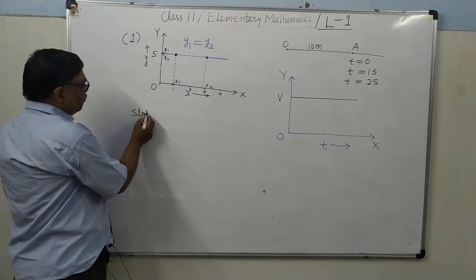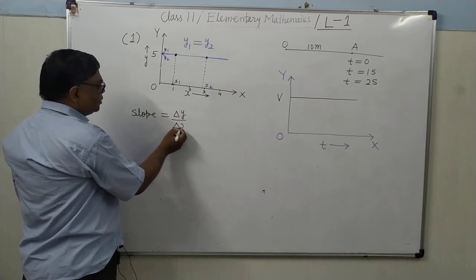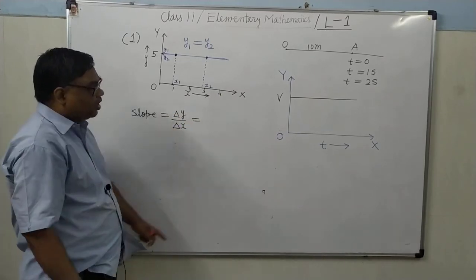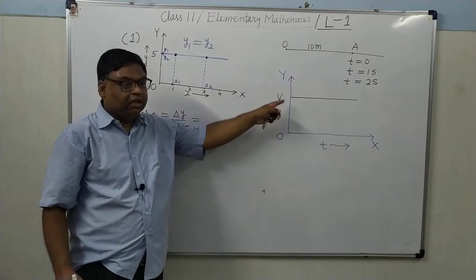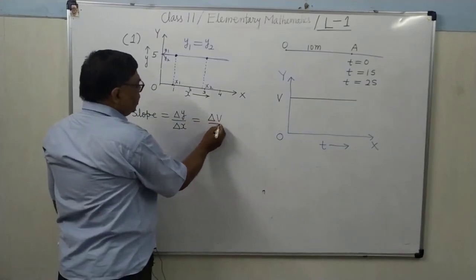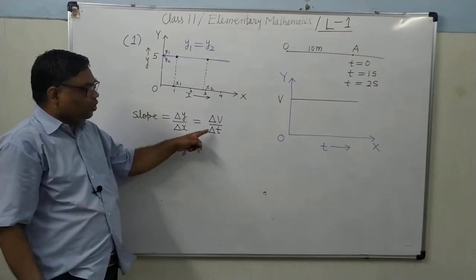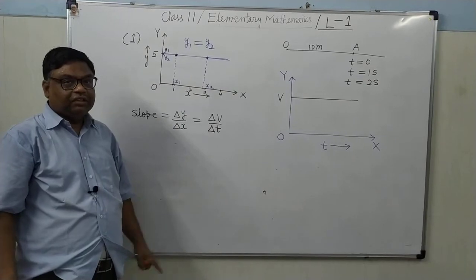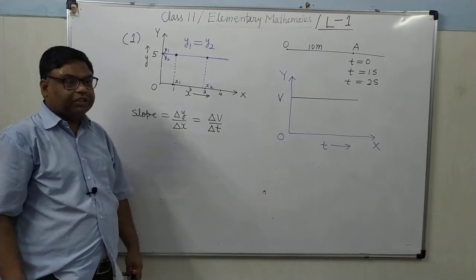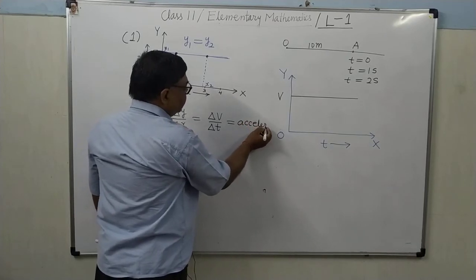As you know, the formula of slope is delta y upon delta x. What have you taken along the y-axis? v. Along the x-axis, t. So it is delta v upon delta t. You know, change in velocity upon time taken. Change in velocity upon time taken means what? Acceleration.